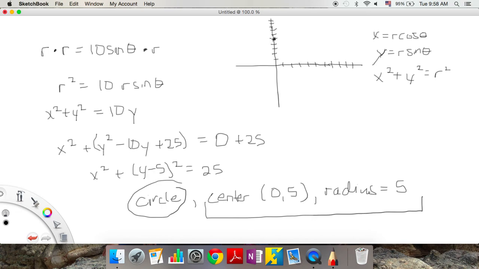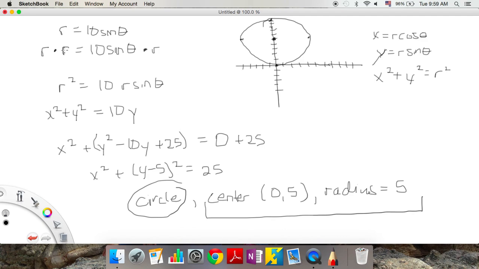Our center is here. So our radius is 5. So we go up 5, down 5, left 5, right 5, and we end up with a circle. If you have graph paper, it'll look better. But that's our circle. That's what this r equals 10 sine theta looks like, this circle here.